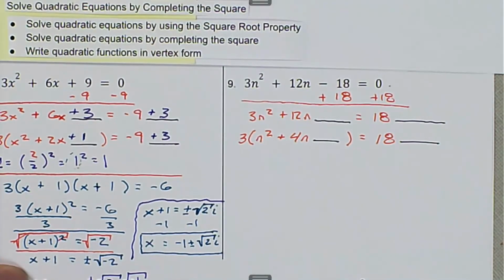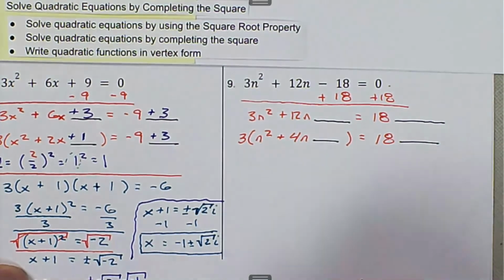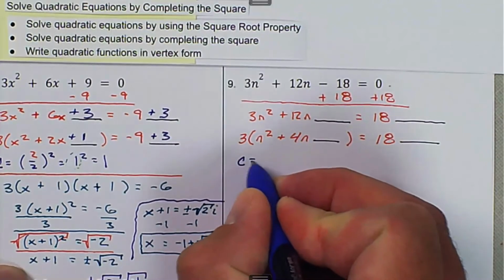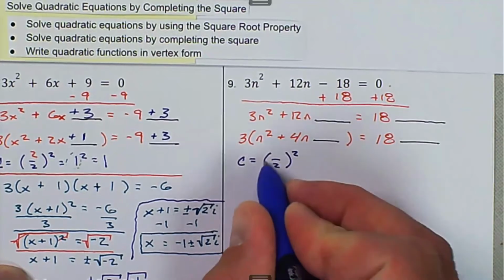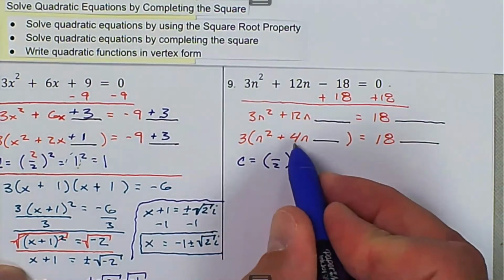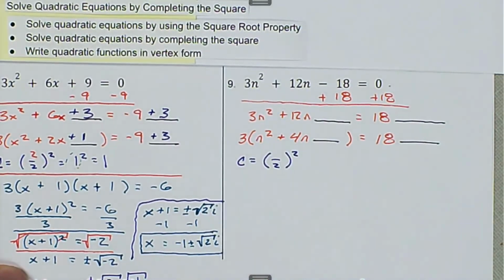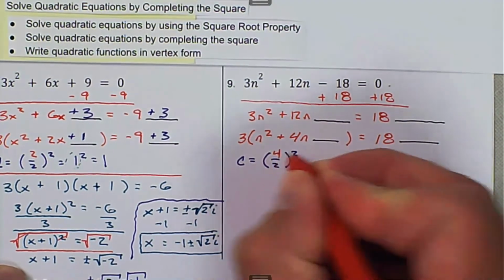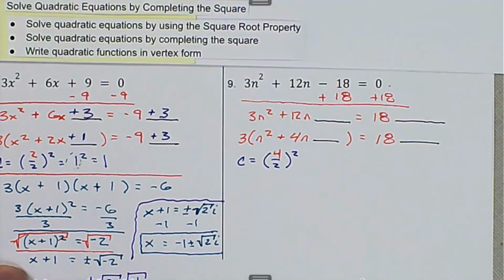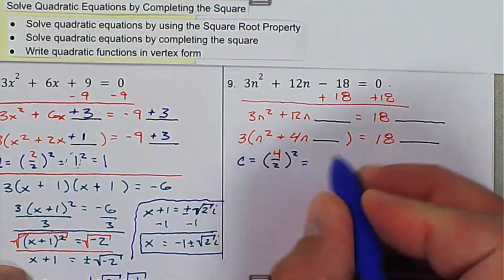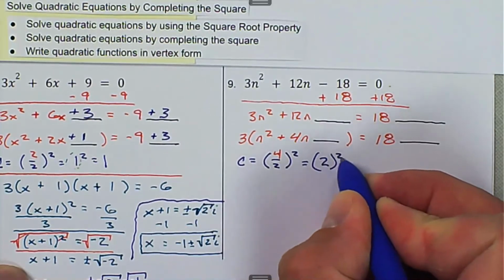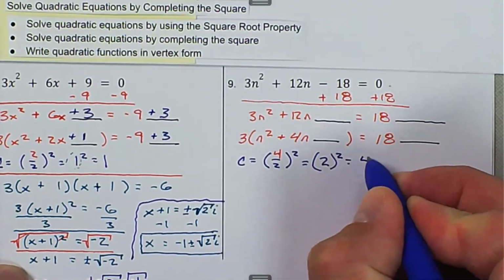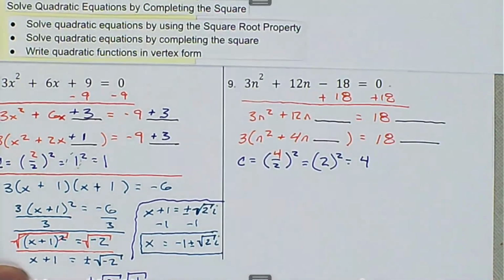Next, we want to calculate our new c value. c is equal to the b value divided by 2, squared. In this case, the b value is 4. So 4 divided by 2 is 2, squared, which is equal to 4.